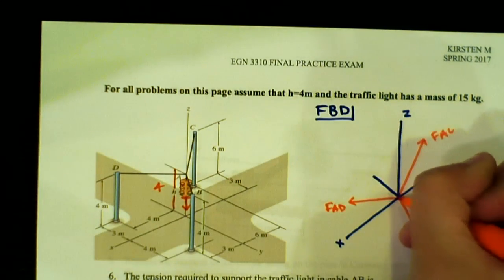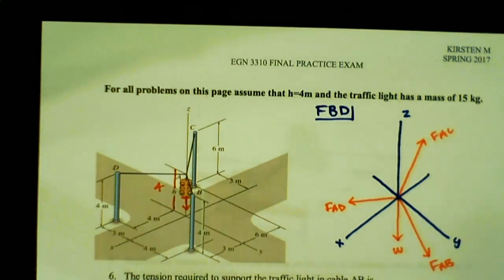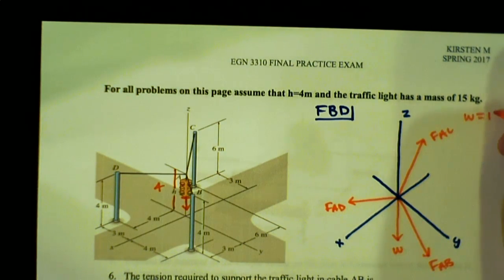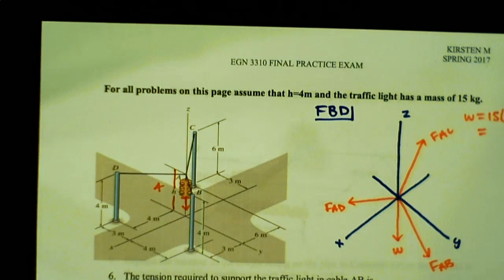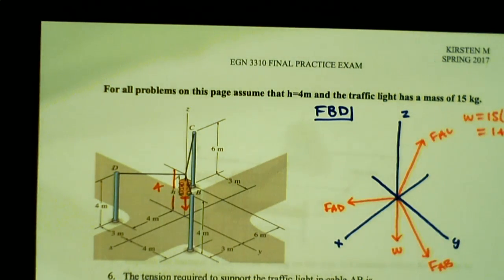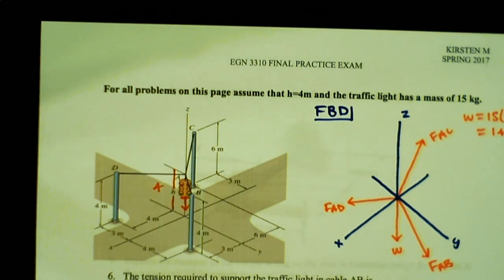So this is going to be the weight going downwards in the z direction. In this case, W is equal to 15 times 9.81, which is equal to 147.15. Okay, so we have our free body diagram.